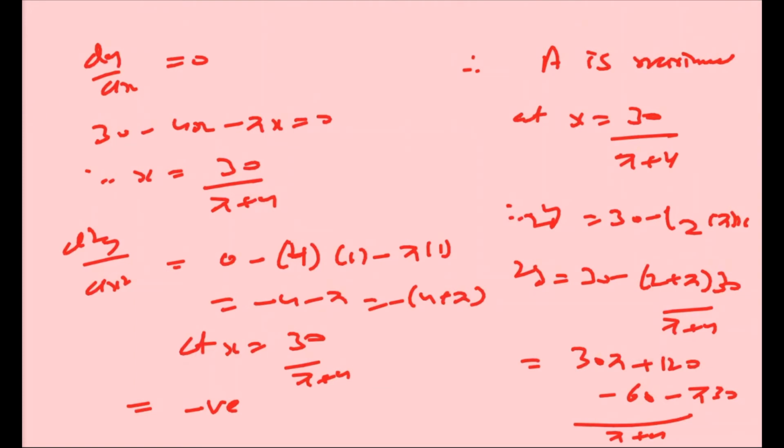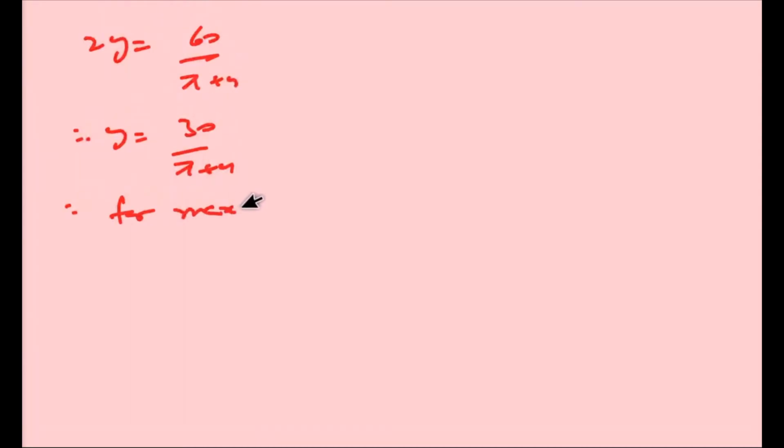So what we left here, 2y equal to 60 upon pi plus 4, hence y equal to 30 upon pi plus 4. Hence for maximum area x equal to y equal to, both are 30 upon pi plus 4 meter.